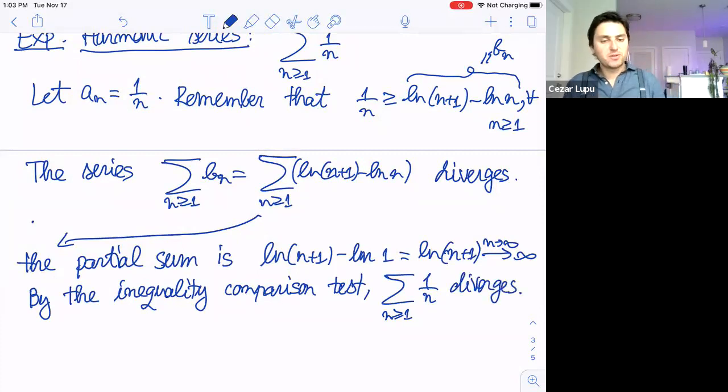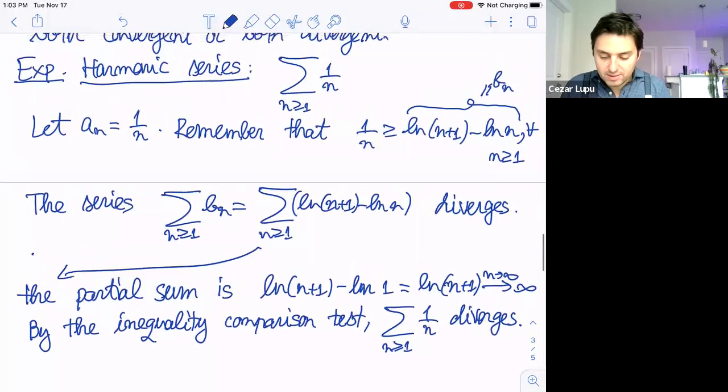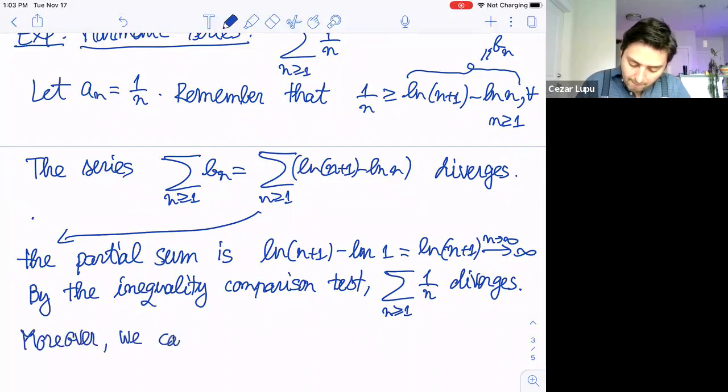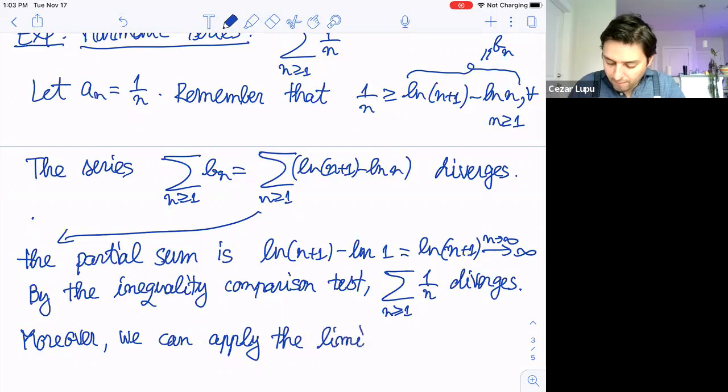You see, you have another way of proving this. So you have the Cauchy condensation test, then you have the inequality comparison test. What about, again, let's apply the limit comparison test.